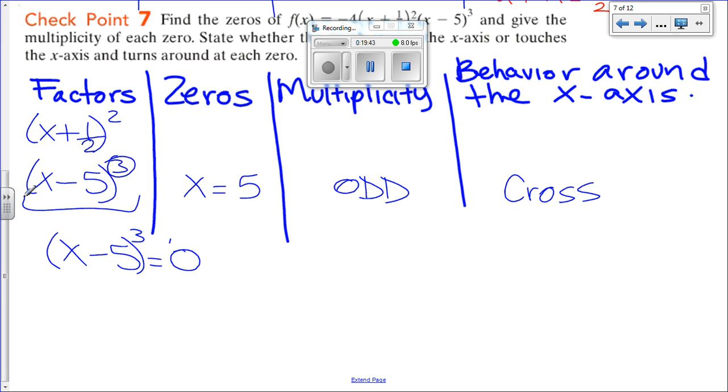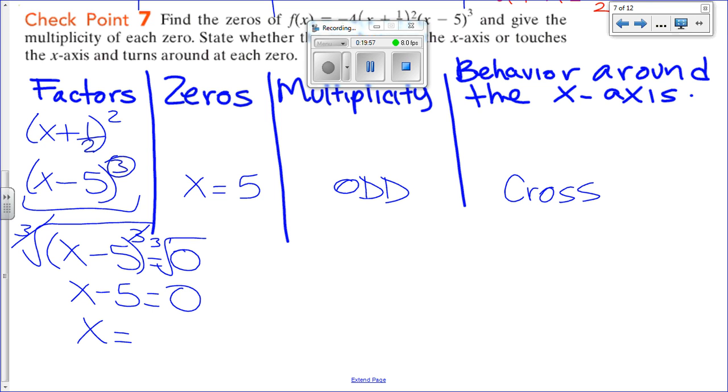So if we take the cube root, of course that will cancel the 3rd power, that will give us x minus 5, and then we take the cube root of 0, and so that will be 0. Now from here, minus 5, move it across so that becomes positive 5. Now, we look at the exponent, and that is odd. So according to our notes, it is going to cross the x-axis.